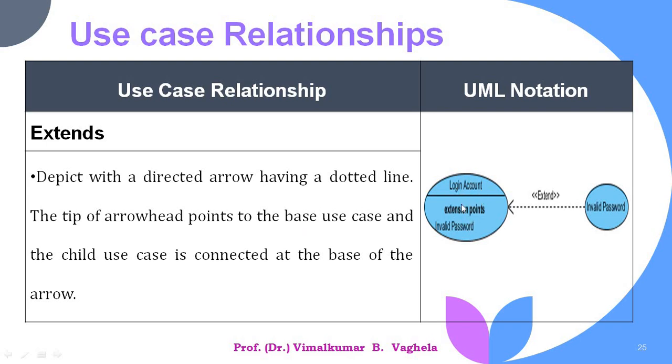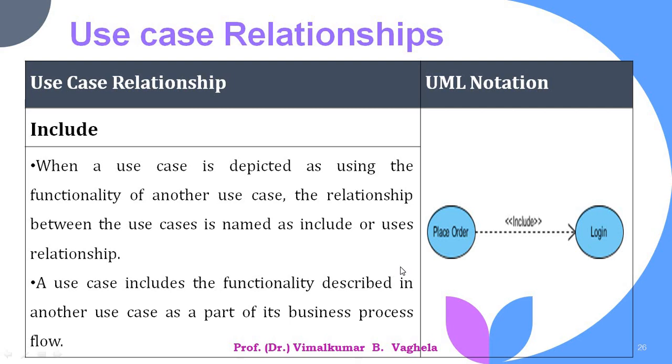This will be the login account, and the child use case, the invalid password, is connected at the base of the arrow. Now the next relationship that is used in a use case is include. Here the place order will be considered as a base use case and the login will be considered as a child. When a use case is depicted as using the functionality of another use case, the relationship between the use cases is named an include or usage relationship.